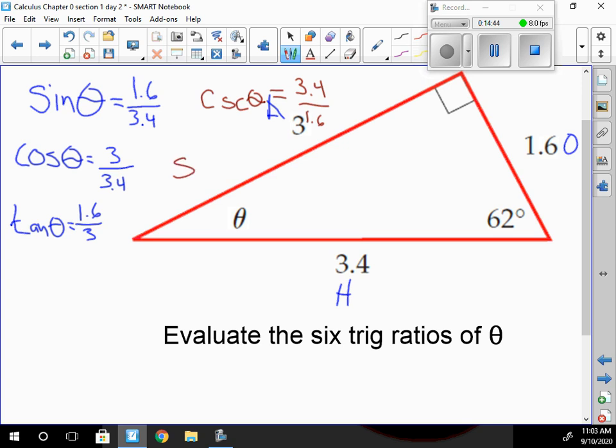Secant theta, to do this one, you just flip it, 3.4 over 3. And cotangent theta, flip that, 3 over 1.6. And that's it.